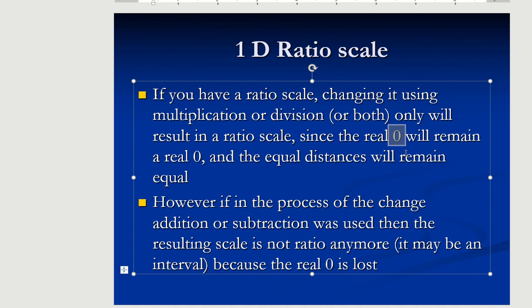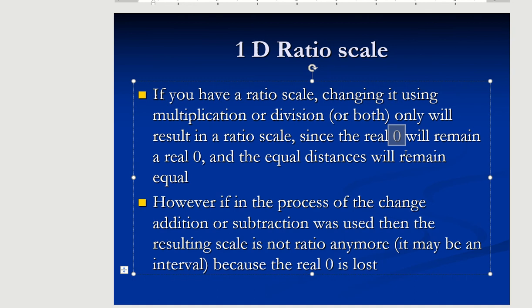So let's give an example. If we're talking about distances in kilometers, okay? Kilometers is first of all numerical data obviously, and it's a ratio because 0 kilometer is absence of distance. If I change kilometers into miles by multiplying by 1.6, 0 kilometers will give me 0 miles, and so on and so forth.